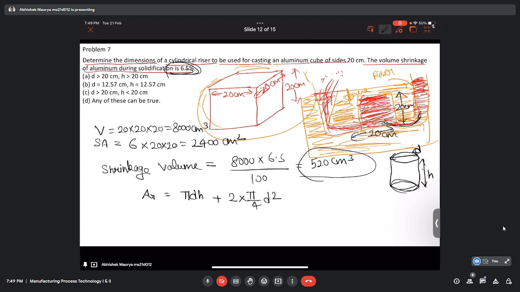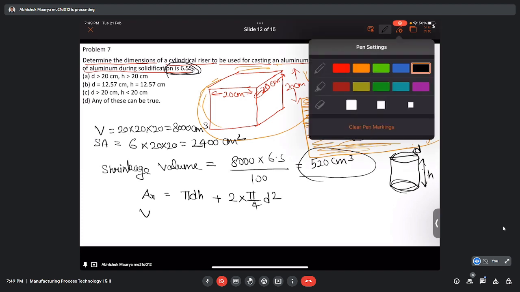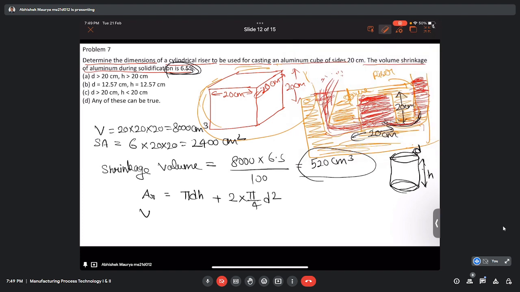Okay, so this is the typical total surface area of a cylinder. At the same time, if we calculate the volume of the riser, for simplicity I am using just A and V for the area of the riser and the volume of the riser.